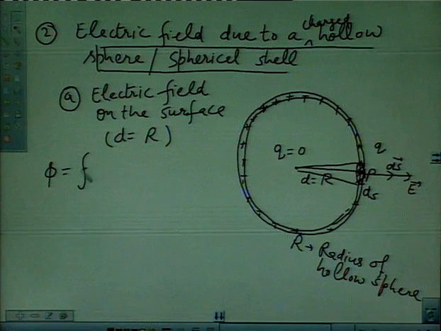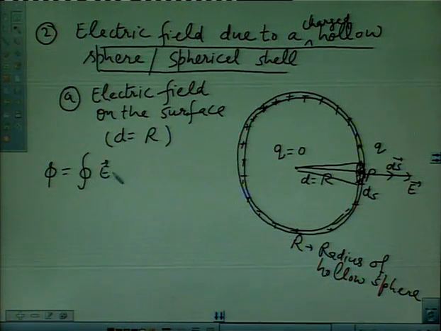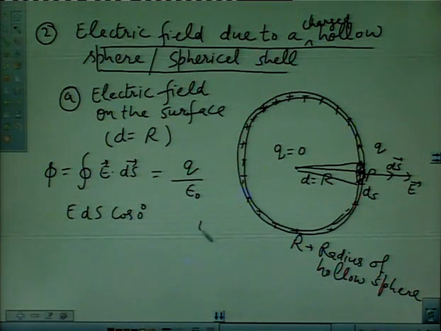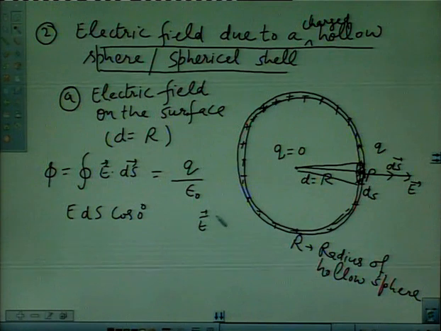Phi is equal to the integral of E dot ds vector, which is equal to the charge q upon epsilon naught. The charge q is on the surface, distributed uniformly. So E into ds cos 0 degree, since the E vector is parallel to the ds vector, so we have theta 0 degree.